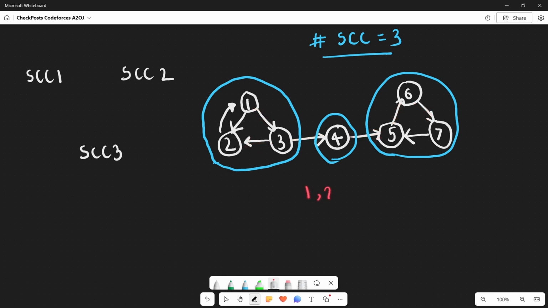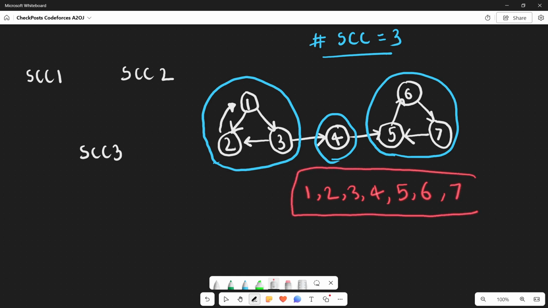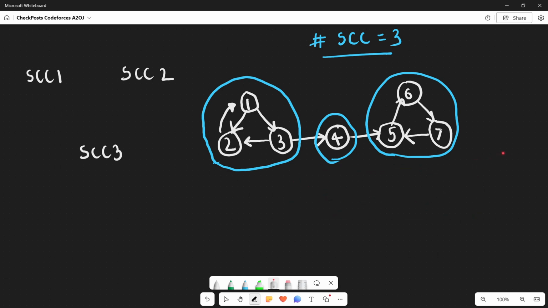So basically I am visiting all the nodes 1, 2, 3, 4, 5, 6, 7, right? But when I try to perform the DFS on 7, it is not visiting all the nodes, right? So it will visit 5, it will visit 6, and it will stop the DFS which started at 7. So this will give you the strongly connected component 5, 6, 7.